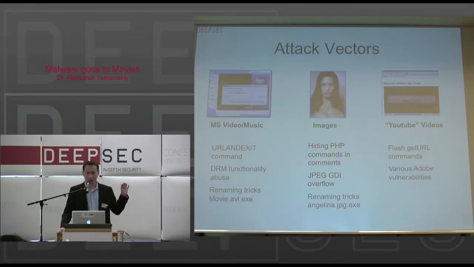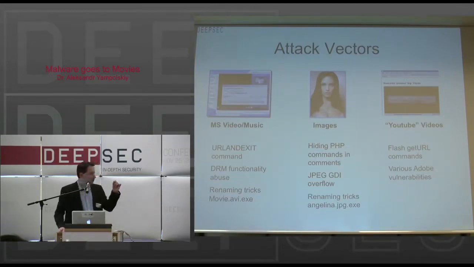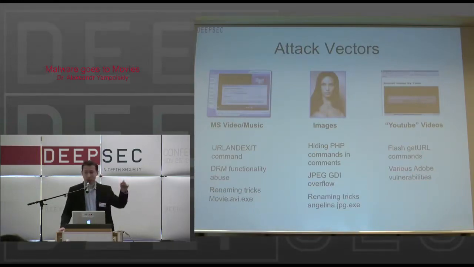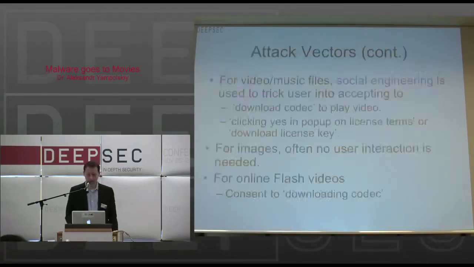And images, I mentioned the GDI buffer overflows and the PHP commands and comments. The YouTube lookalike videos use Flash. And Flash has different types of script commands which allow you to access a particular URL, which is being exploited by the attackers. Also, there are a gazillion different Adobe vulnerabilities which could be used to take over a person's computer.